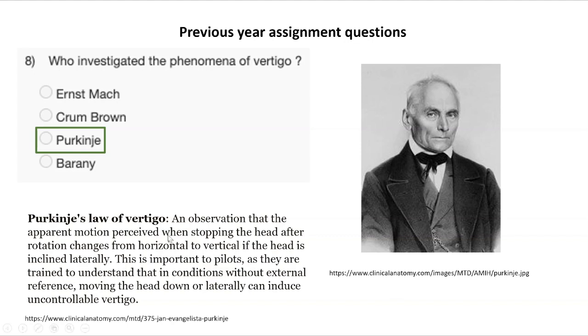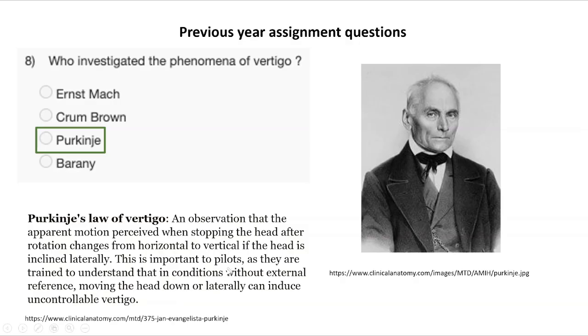So he came up with this law of vertigo, and we now know this law is important to many individuals, even to pilots, astronauts, sailors, and so on.